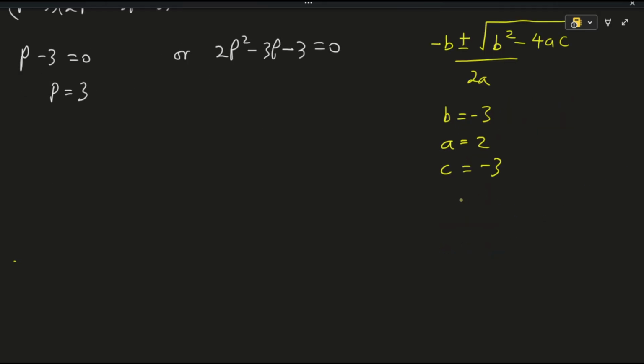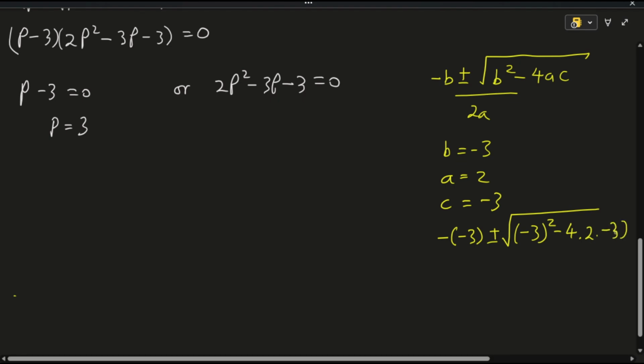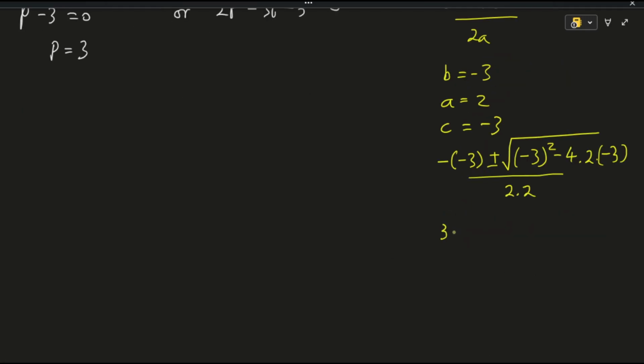So when we are to do the substitution, we're going to have... so -3 squared is 9. So -4 times 2 times -3 is +24. And 2 times 2 is 4.